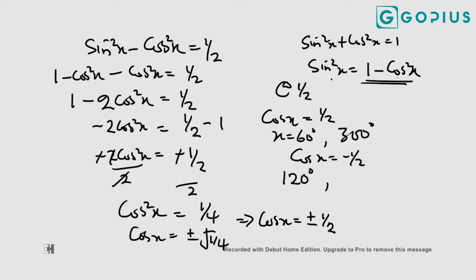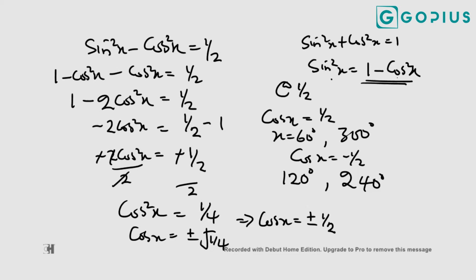So if I'm looking for 60 degrees, that means theta is 240. 180 plus 60 will give me 240. So the angle in the third quadrant that means 60 degrees is 240 degrees. If you press your calculator, cos 240 degrees will give you minus 0.5, which is minus 1 over 2.